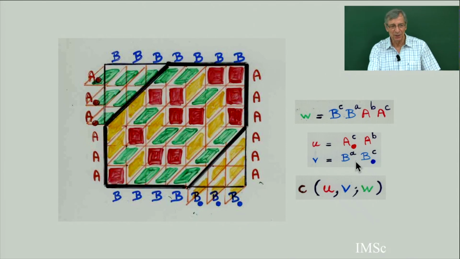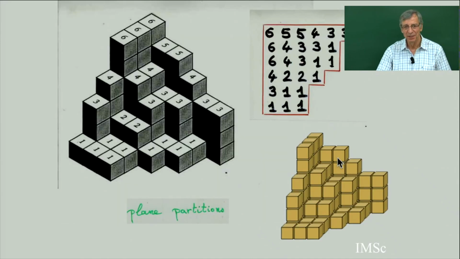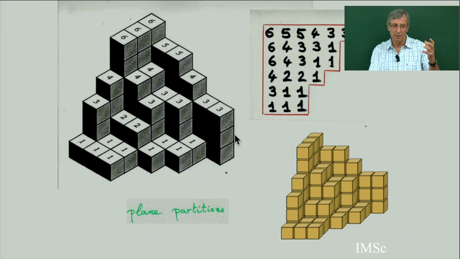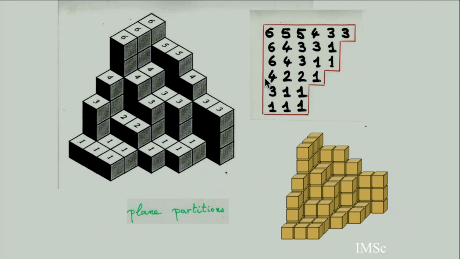So everybody knows that these tilings are in bijection with plane partitions. This is a plane partition. It's the analog of a Ferrers diagram in 3 dimensions in space. The usual definition is that you have a tableau of numbers, here in British notation, going down.